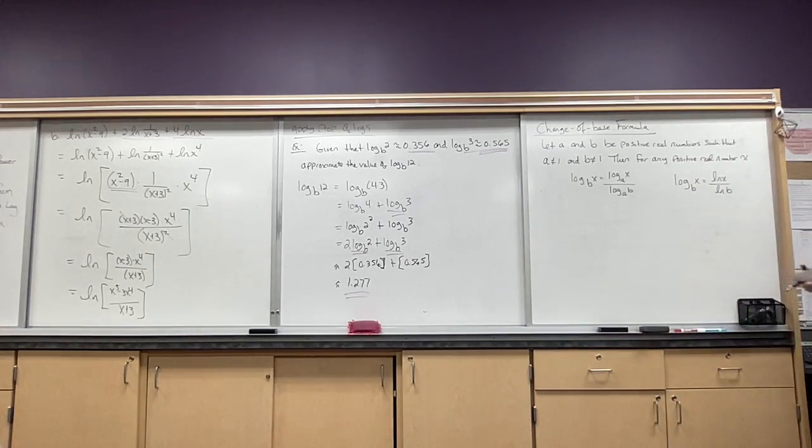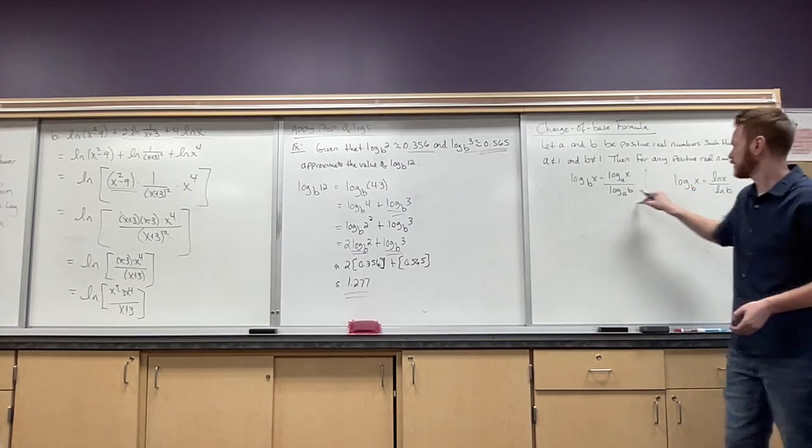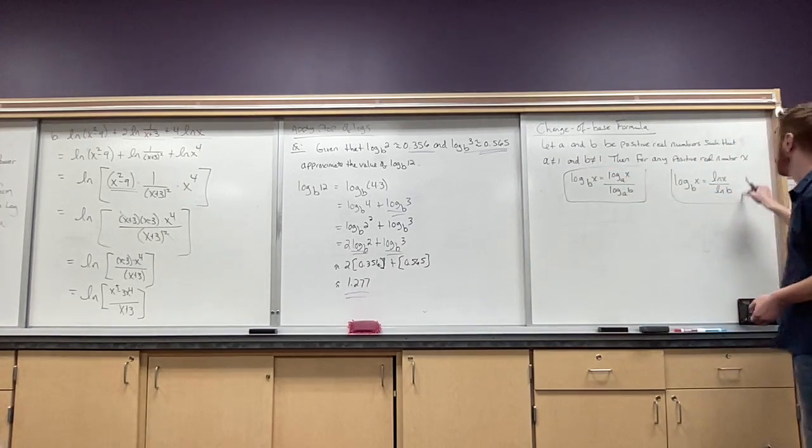Okay? So if I have a log with a base that isn't quite working for me, let's say I have a log base 2 and I want to change it to a log base 10 where it's easier to work with. I can use these formulas here to change that base.